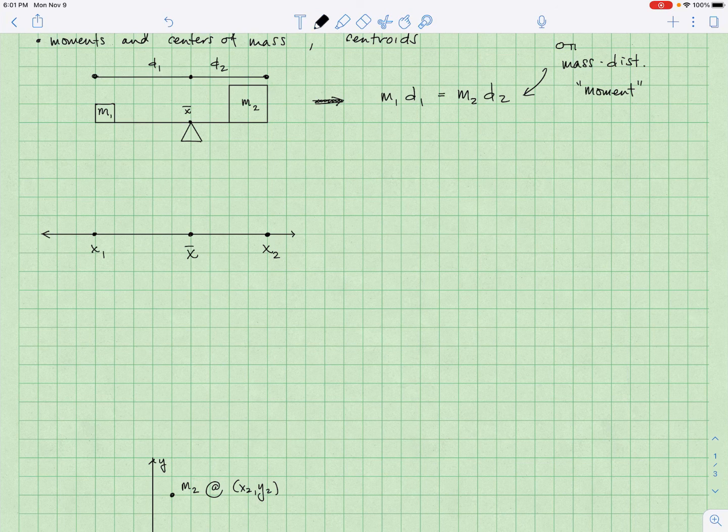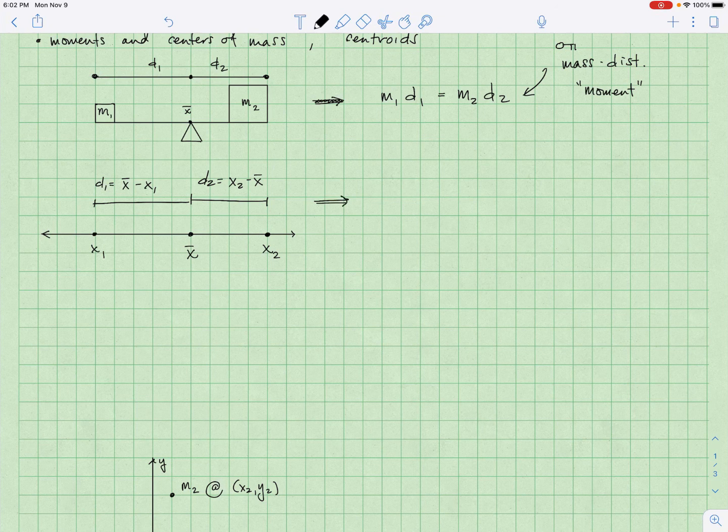And so we're going to introduce some math here. Instead of calling this distance 2 and distance 1, we can impose some mathematics on here. Distance 1 is equal to x bar minus x1. That's right minus left. Whereas distance 2 is equal to x2 minus x bar.